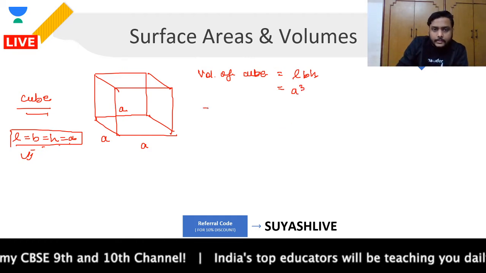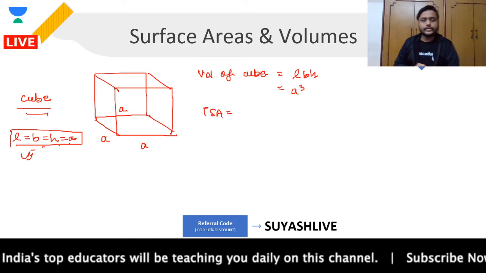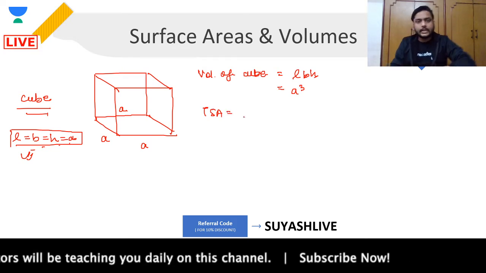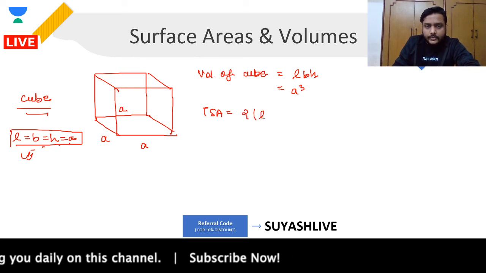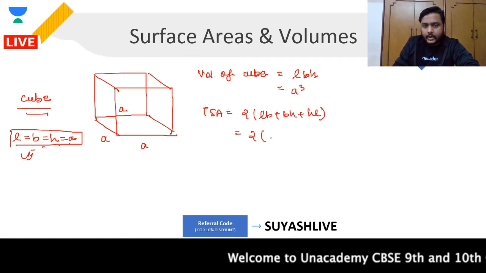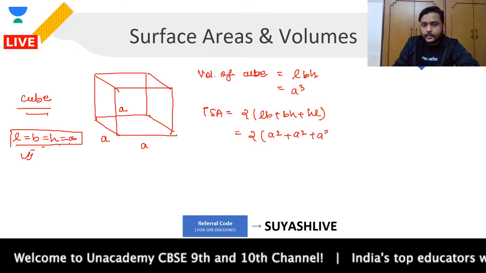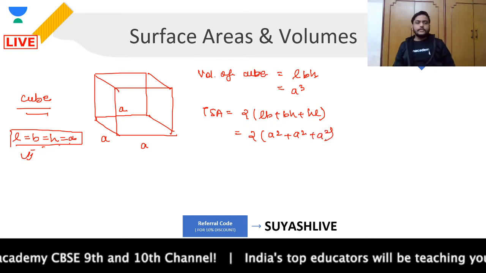If I'm talking about the total surface area, what will that be guys? In order to find out the total surface area, again focus, you will simply say it is 2 times of LB plus BH plus HL. If you write this down guys, it will be coming out as 2 times of A square plus A square plus A square. Are we clear with this or not guys?